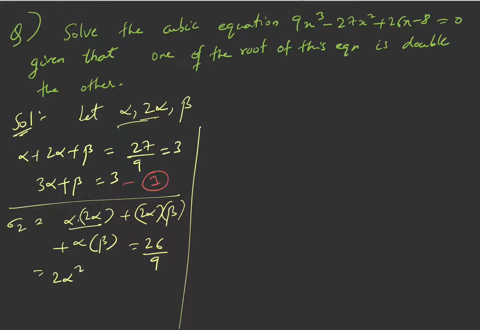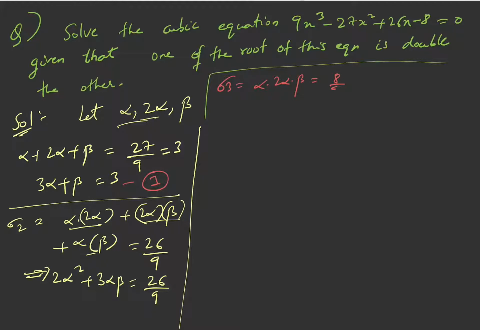So this is 2 alpha square plus 2 alpha beta plus alpha beta, that is plus 3 alpha beta, equal to 26 by 9. And now let us write sigma 3. Sigma 3 is the product of roots, alpha into 2 alpha into beta, that is 8 by 9. So you have 2 alpha square into beta is 8 by 9. Fine. So let us call the second one equation 2 and this one equation 3.